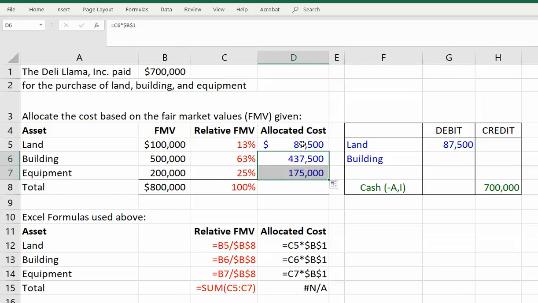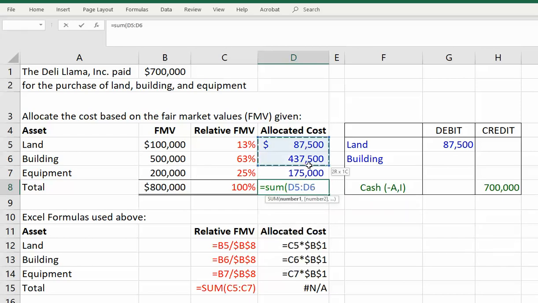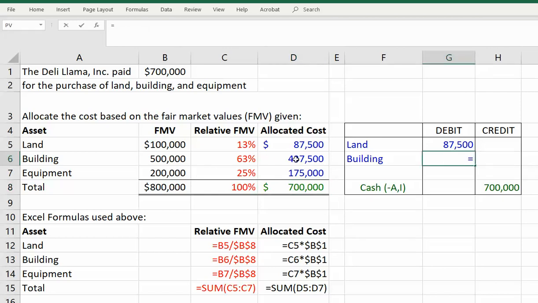So here we have the relative fair values of these assets. This sum should equal the 700,000, and sure enough it does. So my building will be 437,500. Again, it's the relative fair value, that divided by that times my cost.